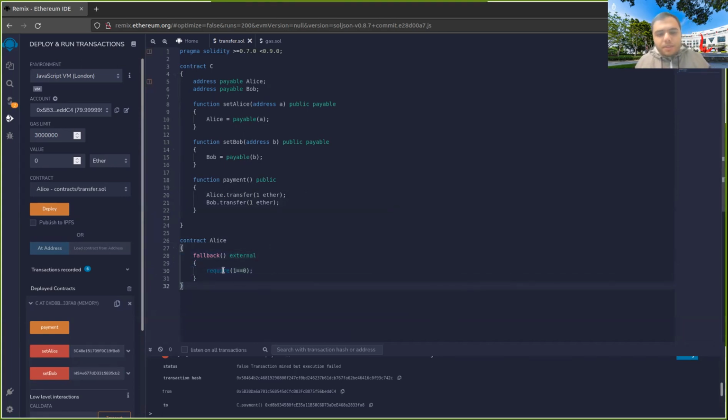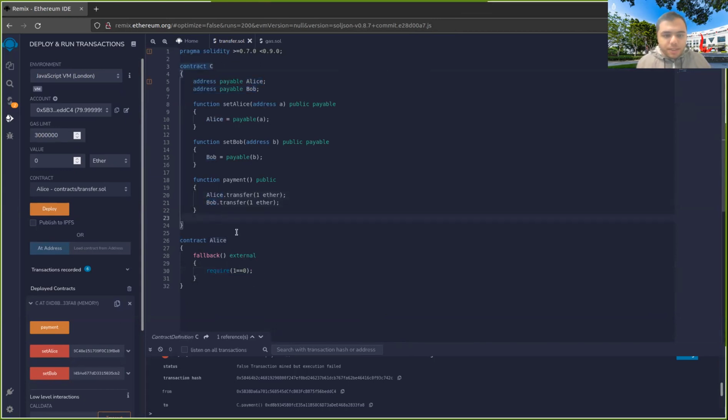So if I have a fallback function like this, the fallback function always throws an exception. And basically what this means is that if Alice is some malicious smart contract that wants to make sure that Bob is never paid, she can just set her fallback function to be something like this that always throws an exception. And then this original contract is vulnerable because it can never pay Bob.